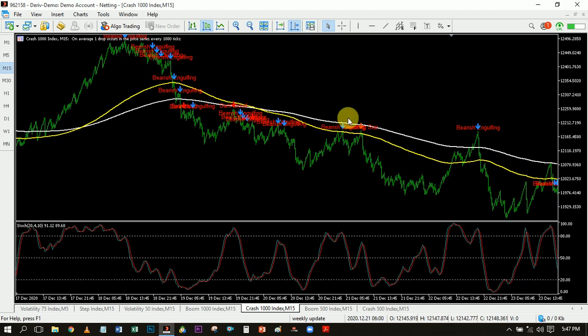So that is how you can actually be profitable using this candlestick pattern as confirmation, trading Boom and Crash. If you want to get this indicator, just check the description below. You will see a particular section that talks about downloading the free indicators.